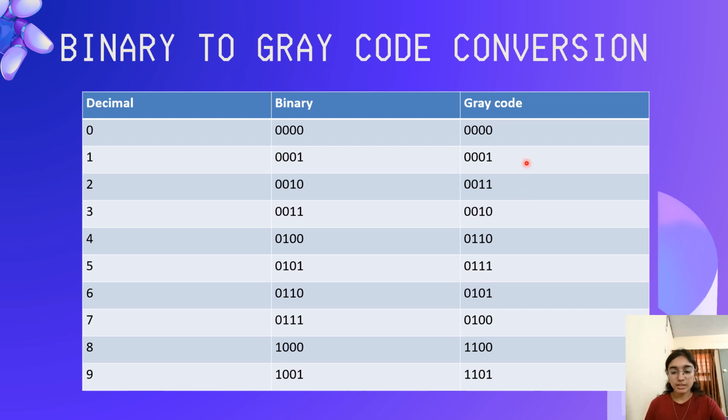As you can see, only one bit of the successive gray code changes. So from the following table you can understand how one bit changes in the gray code. So it's easy in robotics to reduce the errors.